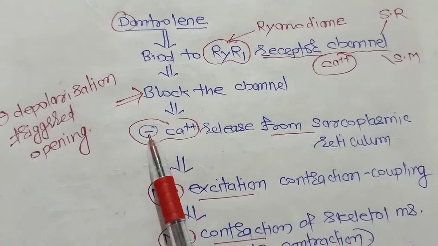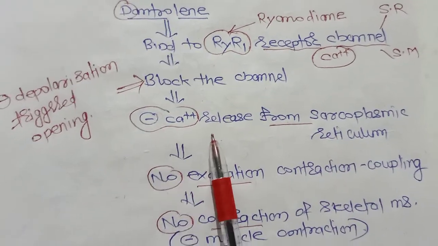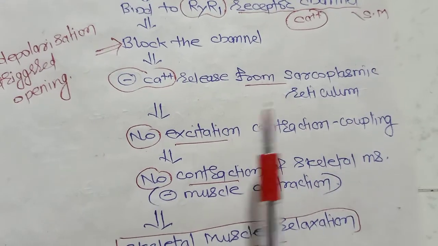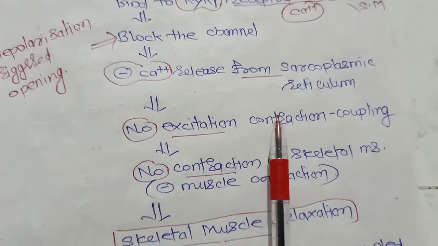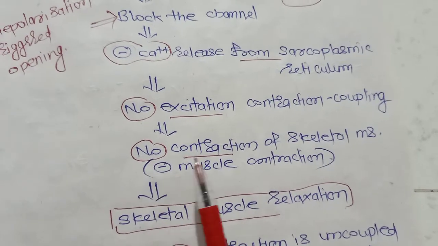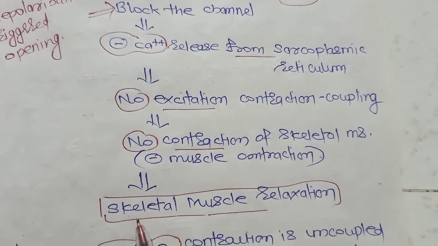So it will inhibit the calcium release from the sarcoplasmic reticulum. There will be no excitation contraction coupling, so no contraction of the skeletal muscle. That means it will inhibit the muscle contraction, and that's how it relaxes the skeletal muscle.